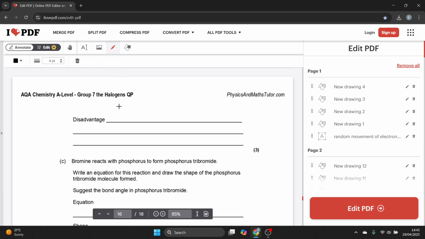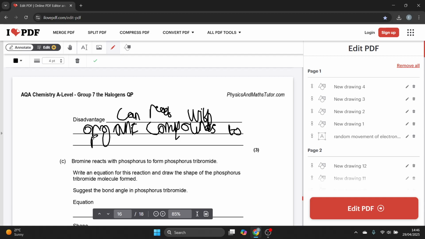Okay, a disadvantage: it can react with organic compounds to produce harmful substances.